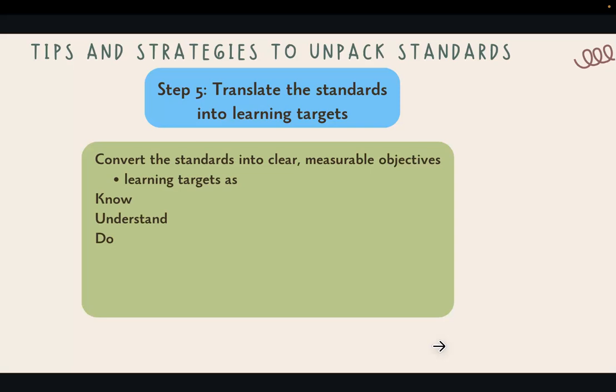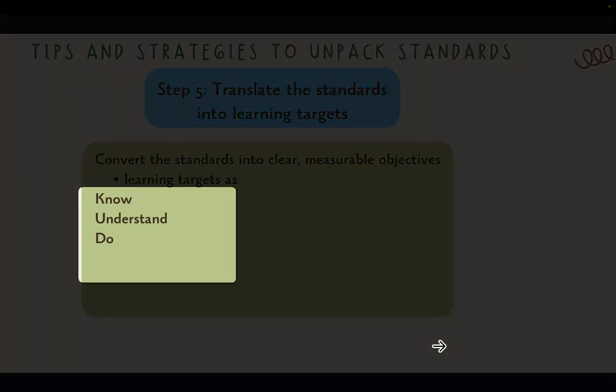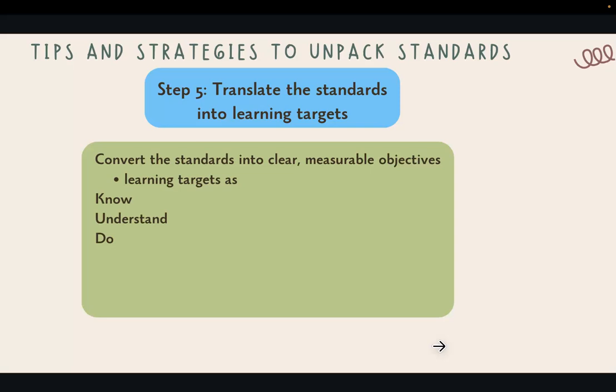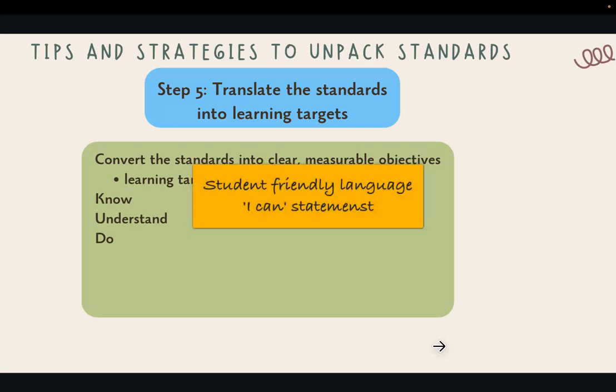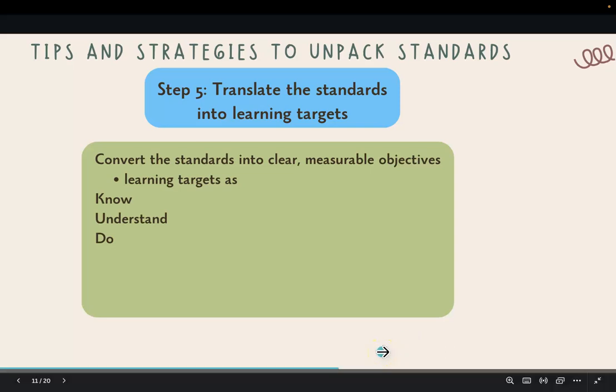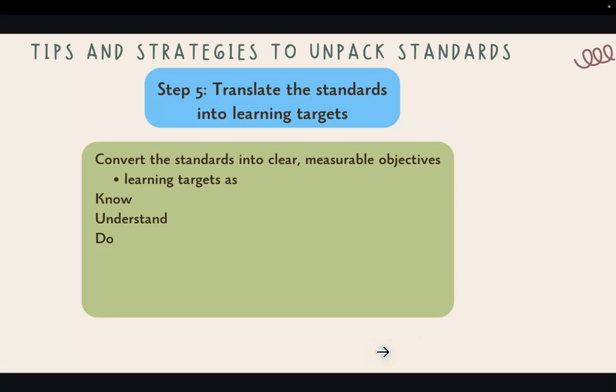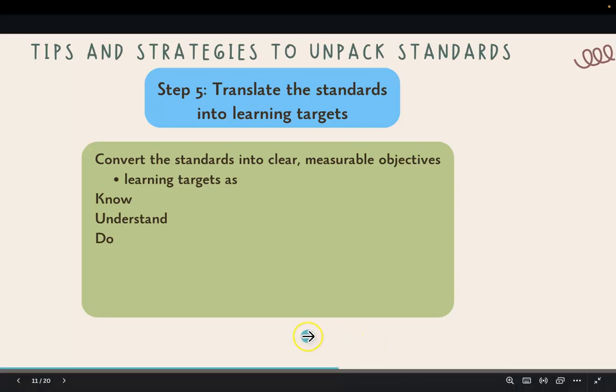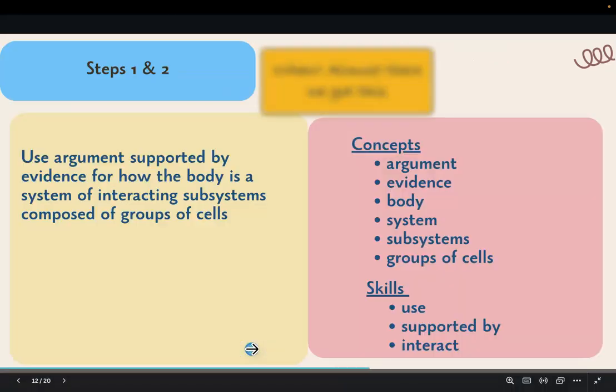So we're going to take those and create specific, clear, measurable learning targets written in student friendly language. One way that is done is I can, right? I can do this. So the learning targets are going to be written as what students should know, what students should understand, and what students should be able to do.